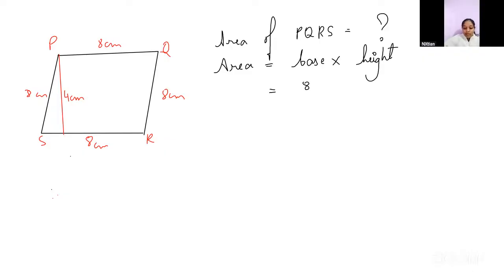This is my base, 8. This is my height, 4. So 8 into 4, 32 centimeter squared. Correct. That is my area.